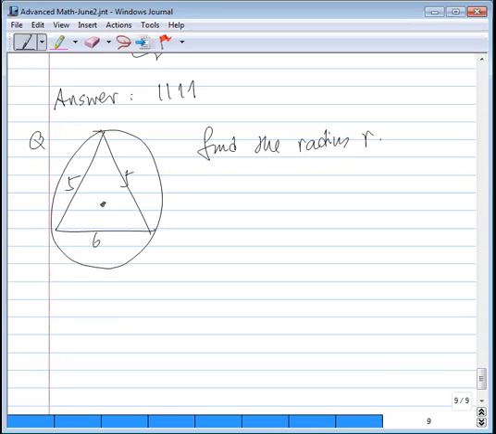So here's what we do. You connect the important points, and you get a radius, R and R, and still we don't get it, right? So what is the next step?